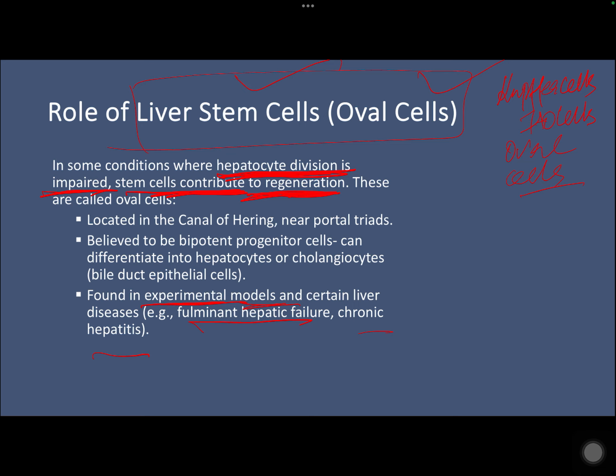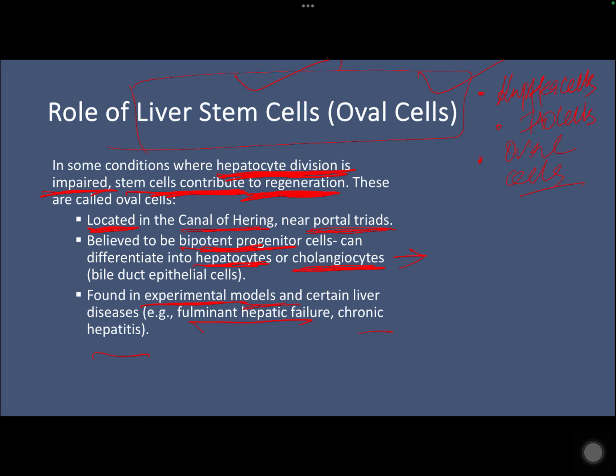They are located in the canal of Hering near the portal triads. They are believed to be bipotent progenitor cells. What is the meaning of bi? Bi means two. That means they can differentiate either into hepatocytes or cholangiocytes. Cholangiocytes are the bile duct epithelial cells. So the liver also has stem cells which are known as oval cells.